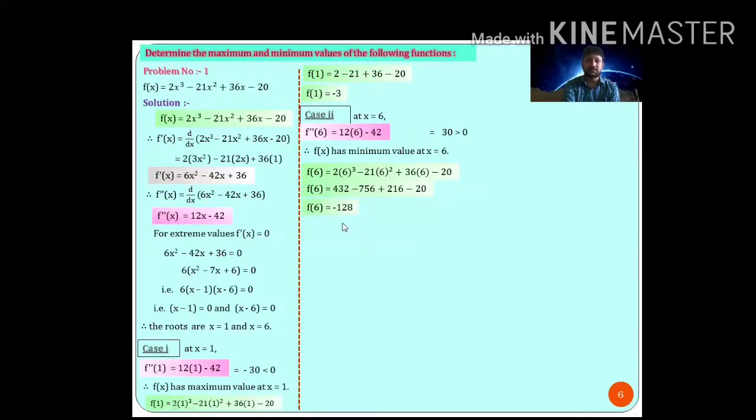Hence, function f has maximum value −3 at x = 1 and minimum value −128 at x = 6. This is a 4-mark problem to determine the maximum and minimum value of function f(x).